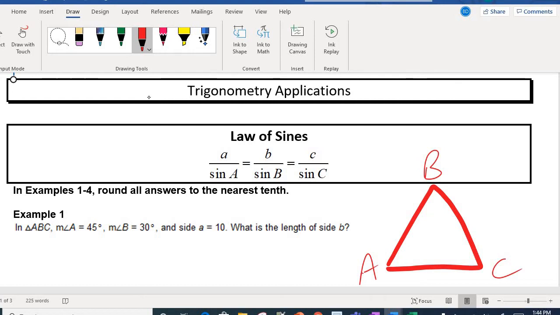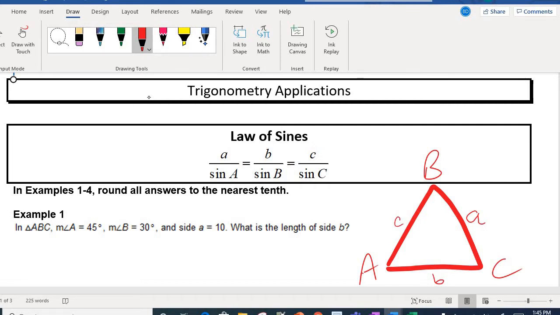So the way the relationship works, if I look at a over the sine of A, side a, which is lowercase a, is always going to be opposite its corresponding angle. So side a is opposite angle A. Side b is opposite angle B. And side c is opposite angle C.